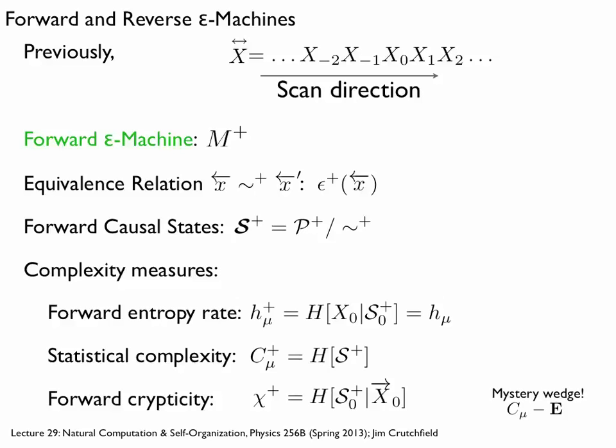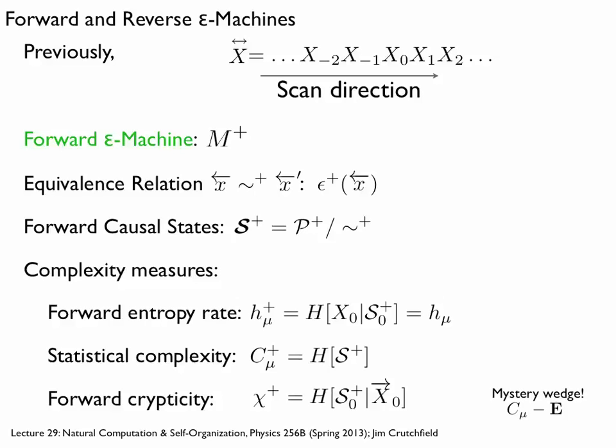The state-averaged uncertainty in the next symbol, that's the entropy rate. Well, that would have been h mu plus, but we just argued that's the same thing, so drop the plus. We have the statistical complexity, the Shannon information in the causal state distribution over the forward states. And then we have the difference between the state information and the observed mutual information.